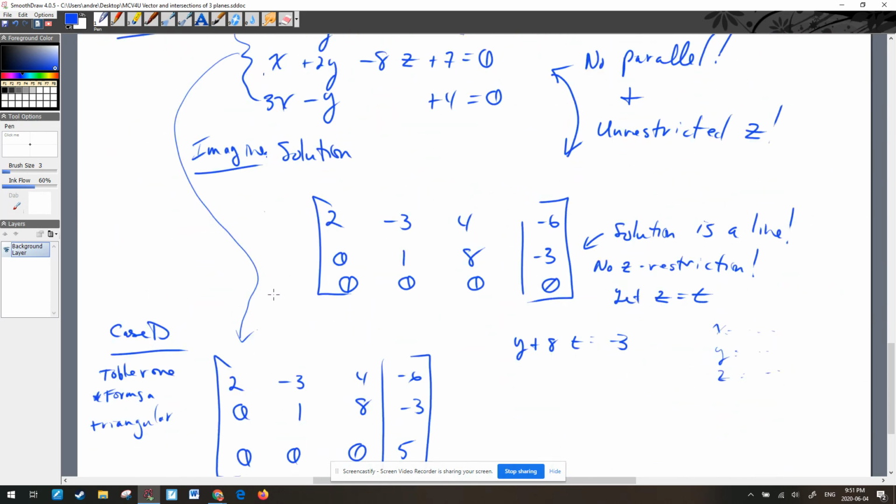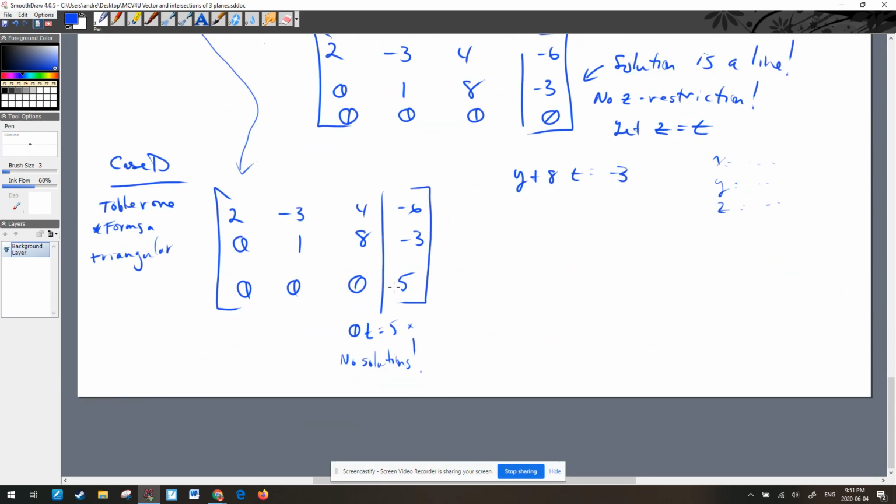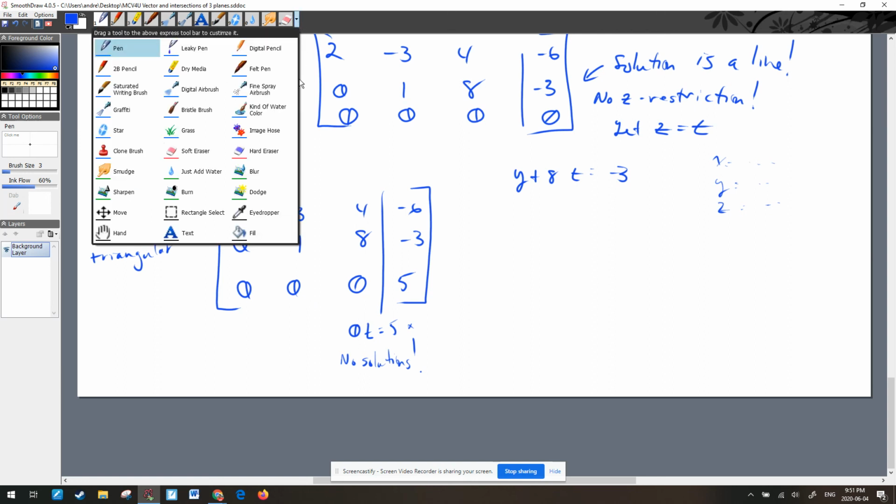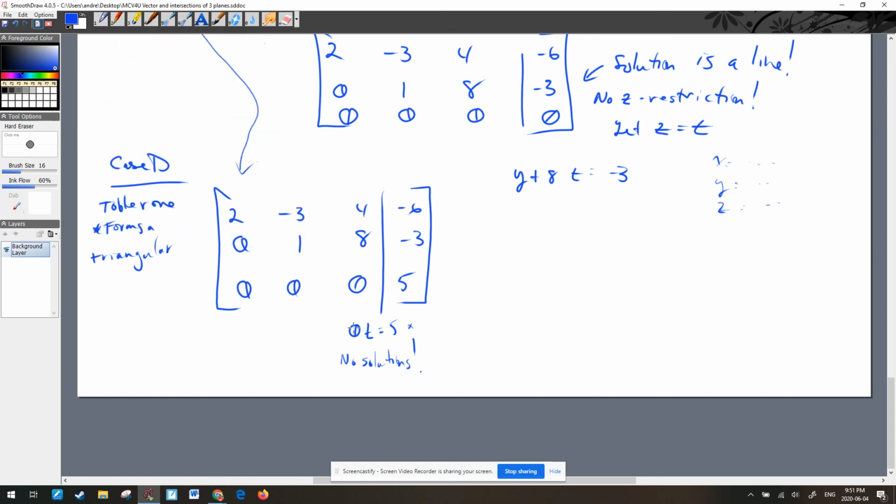So we know it has no solutions because 0 can't equal 5. Actually, it's not 0t equals 5, it's 0z equals 5, because that last line represents z. Nevertheless, there are no solutions.